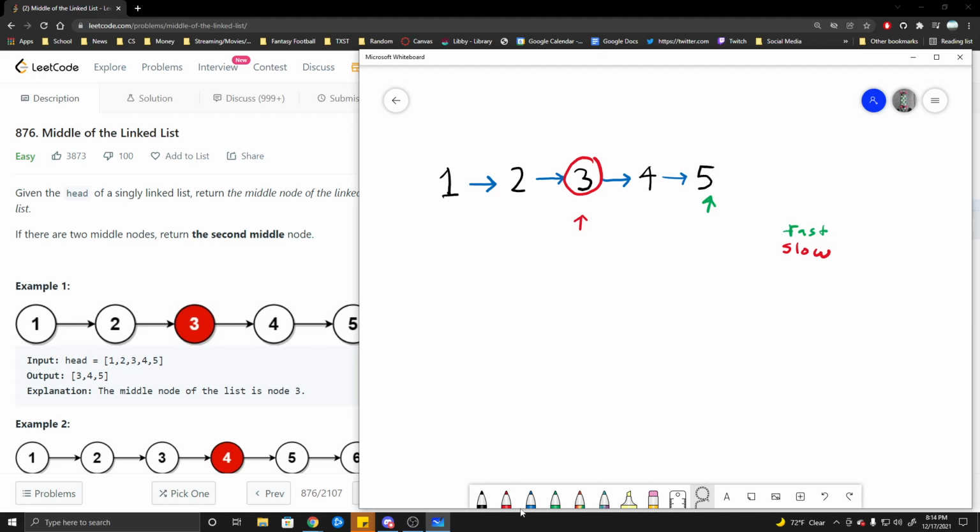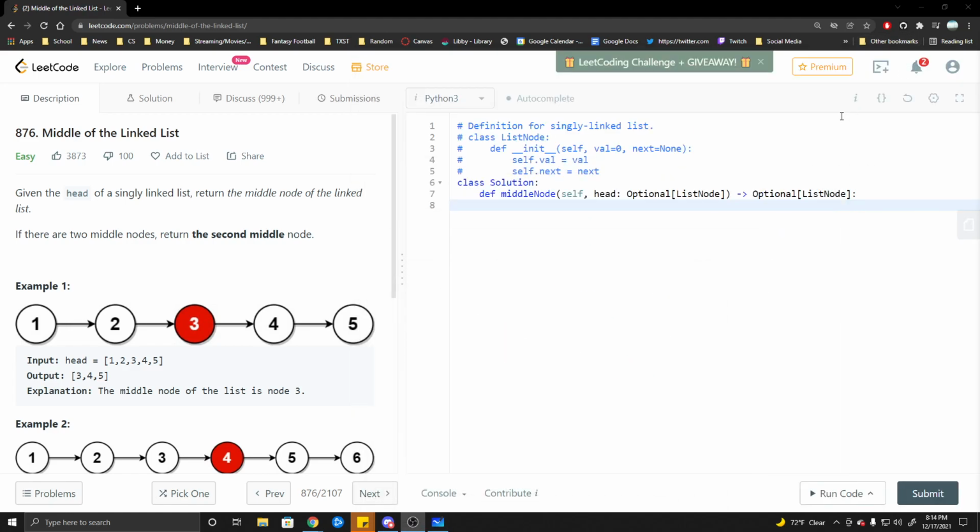So let's head over to the coding. We're going to have two pointers, and they're both initially going to start at the head. So slow equals head, fast equals head.